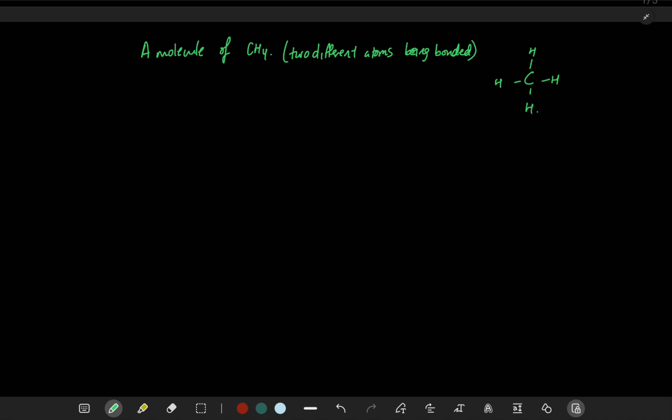Okay, so let's look at carbon first. So carbon has 6 protons, right? Atomic number of 6. And if it's 6 protons and it's a neutral carbon, that means it has to have 6 electrons. And these 6 electrons are divvied up between 2 shells.